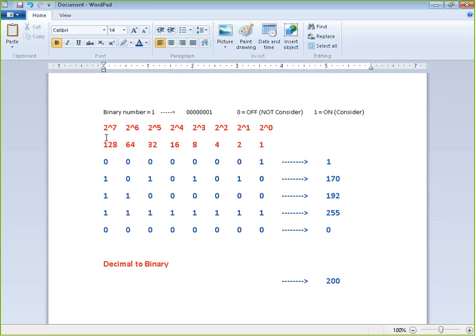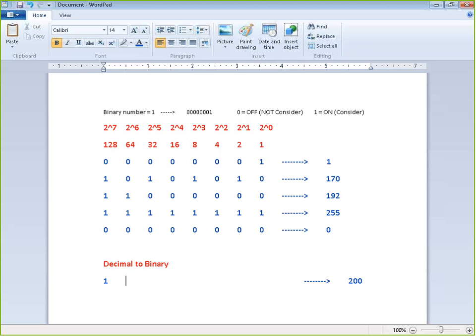The highest value is on the left hand side, right? So you have to start off right from 128. Now 128 is less than 200. Do you agree? So you have to put a 1 below 128.